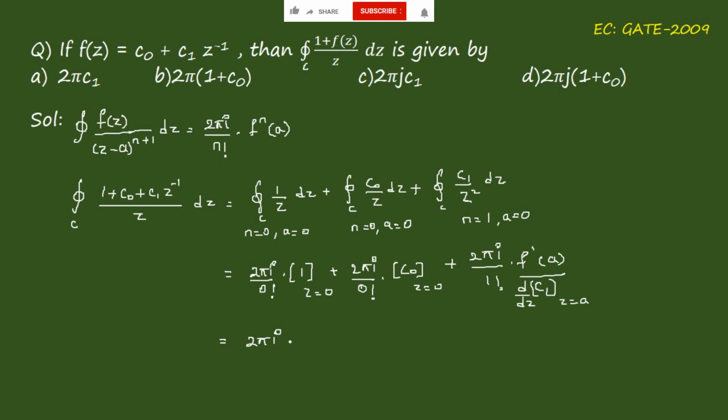The second term, also with 0 factorial equal to 1 and no z terms, becomes 2 pi i into c naught. Plus the differentiation of c1 is equal to 0, so that whole term becomes 0. Taking 2 pi i common, it becomes 2 pi i into (1 plus c naught), right?